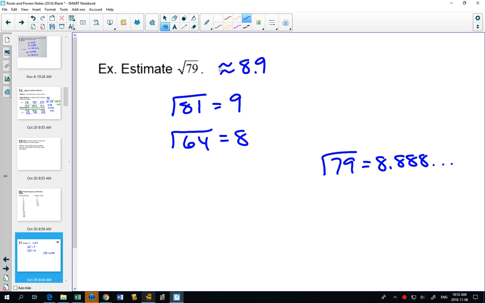Question for you. If you know the square root of 36 is 6, and you know the square root of 25 is 5, what's the number halfway between 25 and 36? 30 is closer to 25 than it is to 36. 31 is closer to 36 than it is to 25. 30.5 is the number right in between.